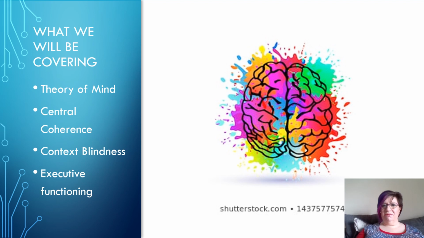It's really important that we try to get to grips with these, but they are words that you look at and you think, what on earth does that mean? So hopefully by the end of this video, you will have an idea of what they mean and be able to relate them to your child.